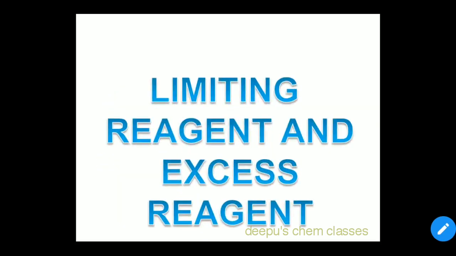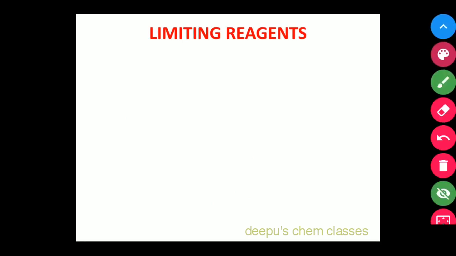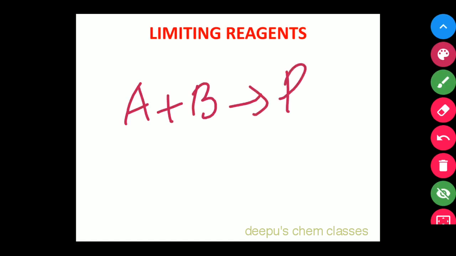So let us see in this class about limiting reagent and excess reagent. Limiting reagents. Let us see, for example, if you take a chemical reaction with any two ingredients like A plus B gives products, A and B should be in proper or equal proportions.